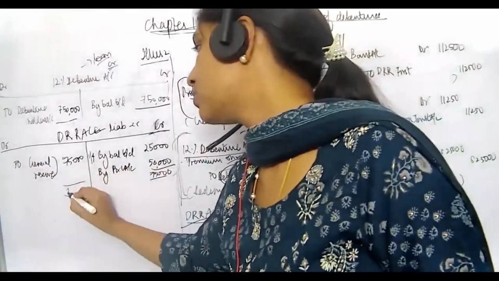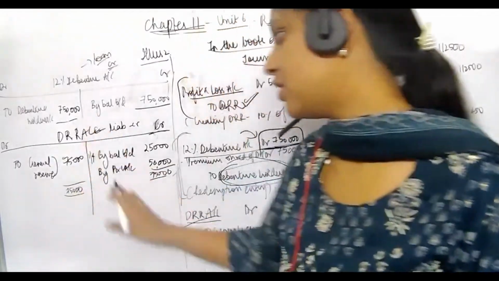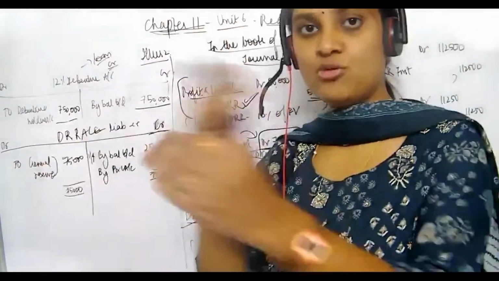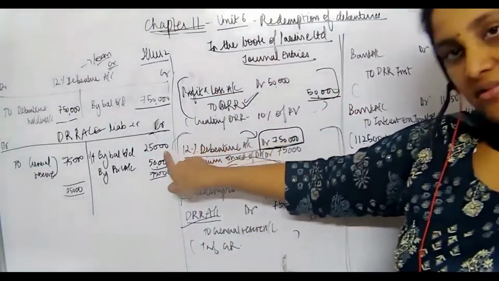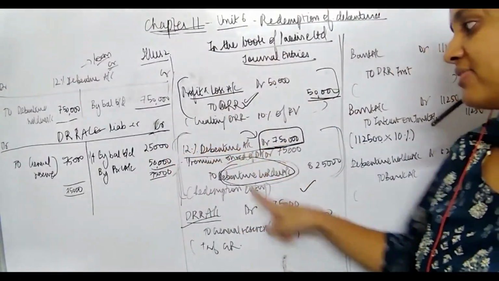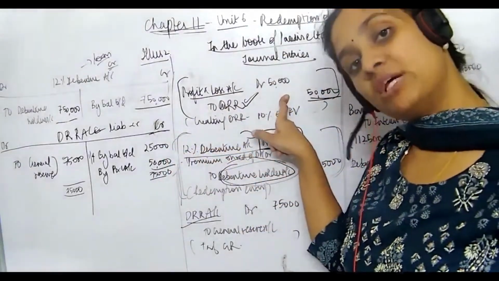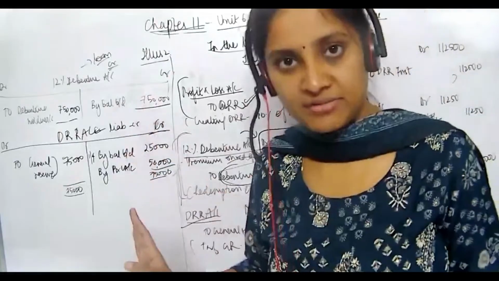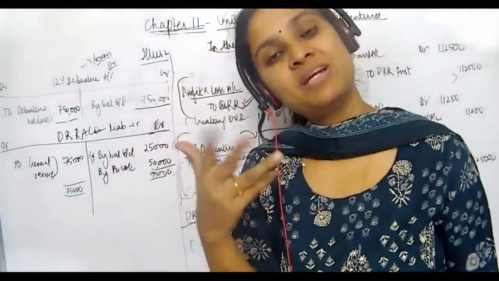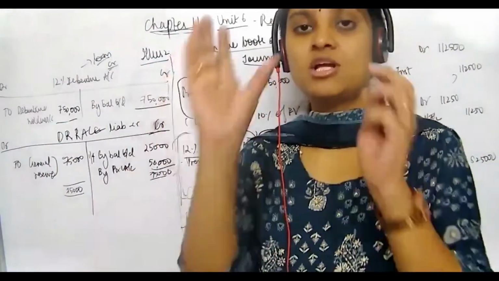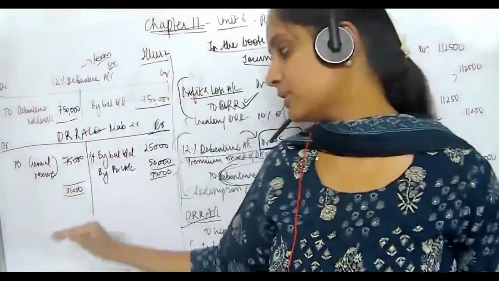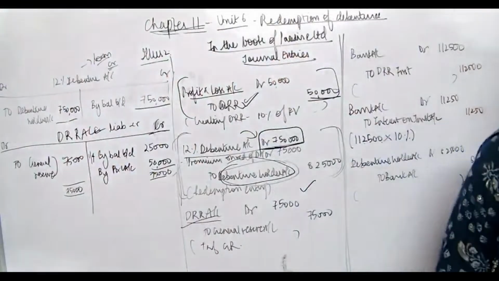This account also is closed because credit value and debit value are matching. I have taken the opening balance, and also the transfer during the year, 50,000 credit, 75. Now after debentures have been repaid, I don't want the account. So I have transferred the balance to the general reserve. Credit and debit both are equal. So this account also is over.